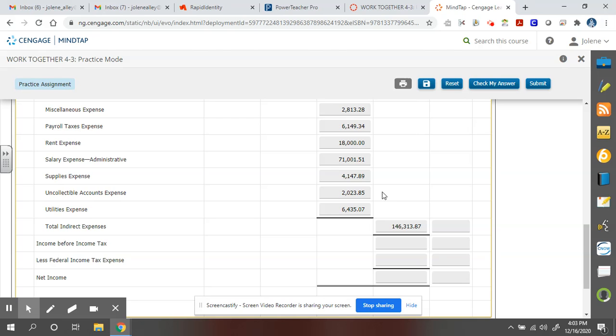And I got the same thing for total indirect expenses.